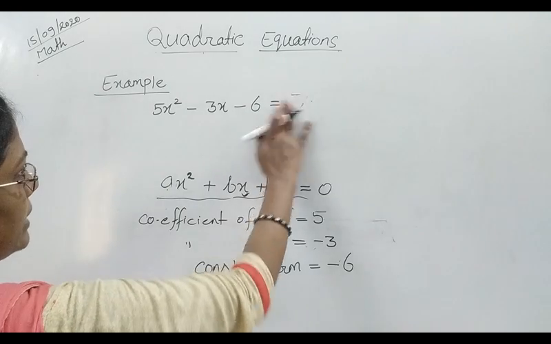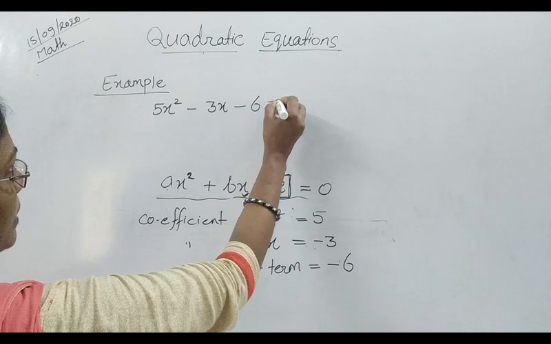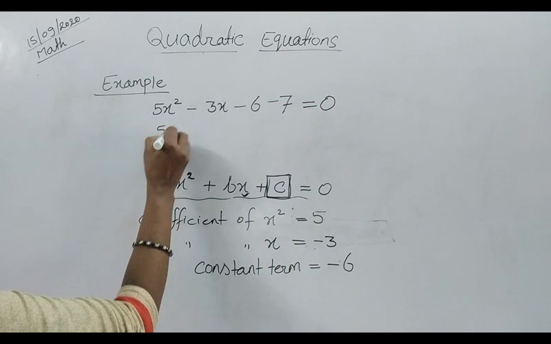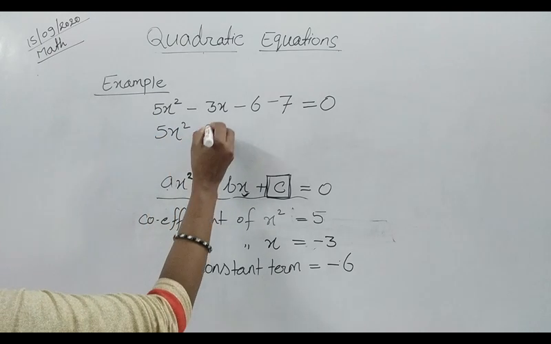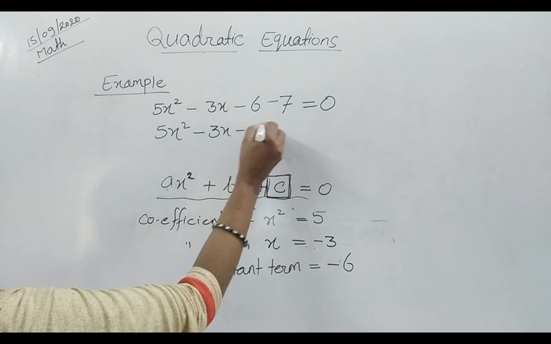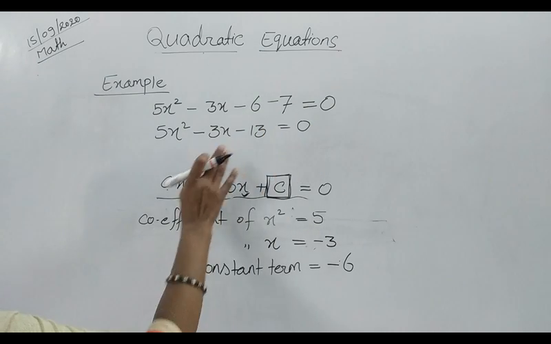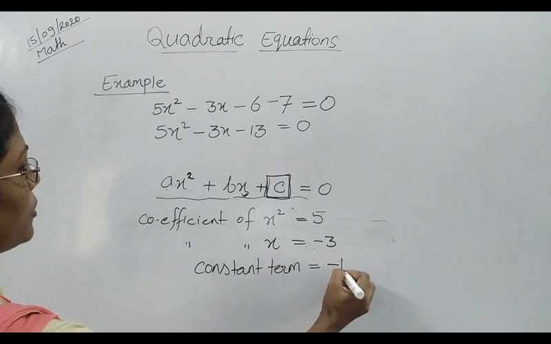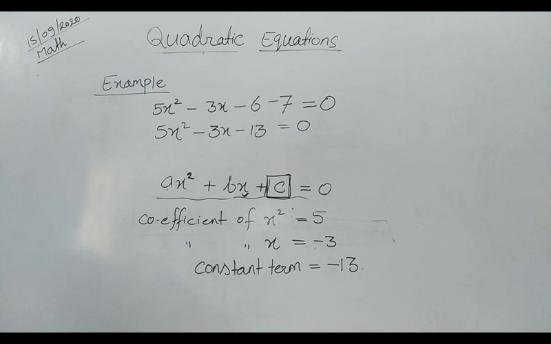When we send this 7 here, it becomes -7 equal to 0, and then the equation can be written as 5x square minus 3x minus 13 is equal to 0. In that case, the constant term gets changed to -13. So this is an example of the quadratic equation.